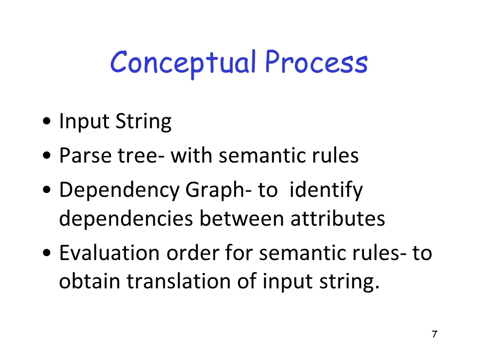So what is the relationship between the attributes? That is to be identified using this dependency graph. After getting a dependency graph, evaluate the semantic rules to compute the value of attributes. Thereby, we are obtaining the translation for the token.